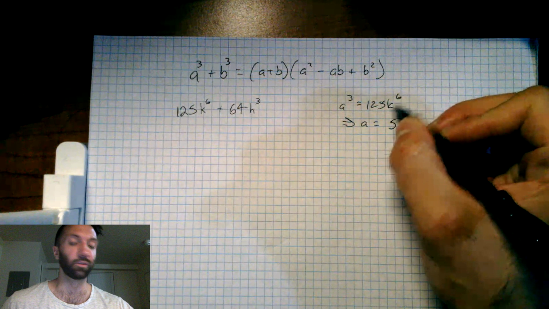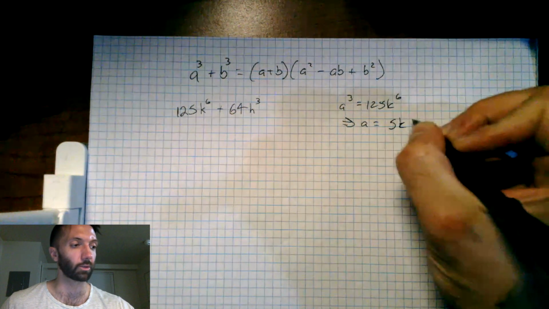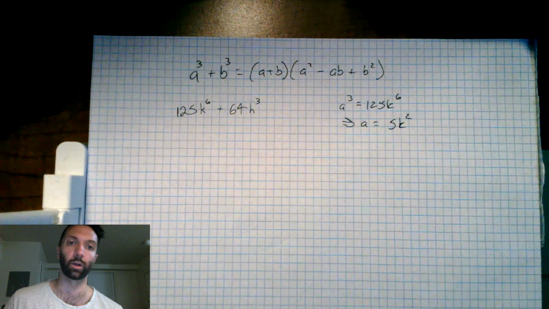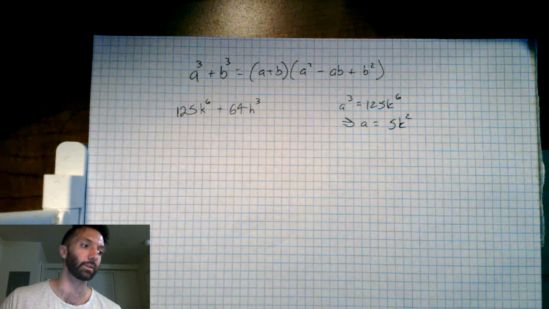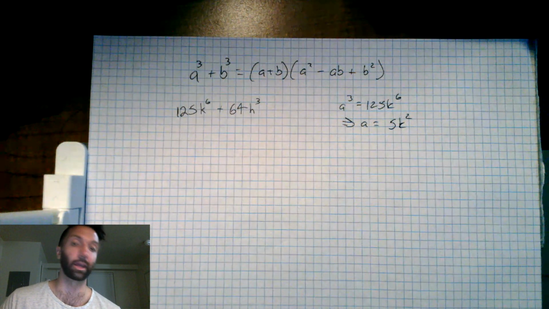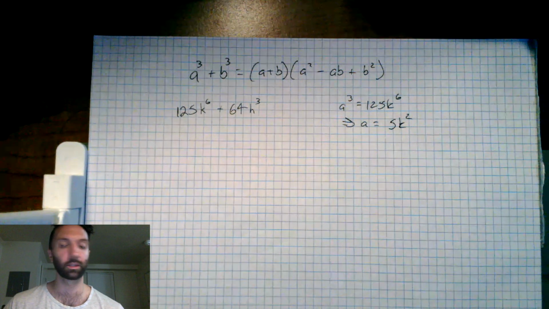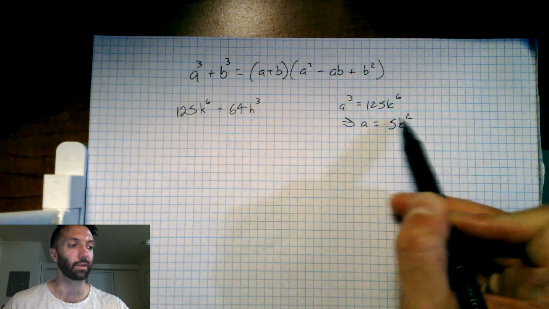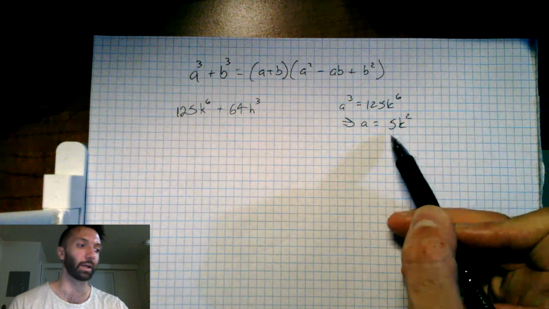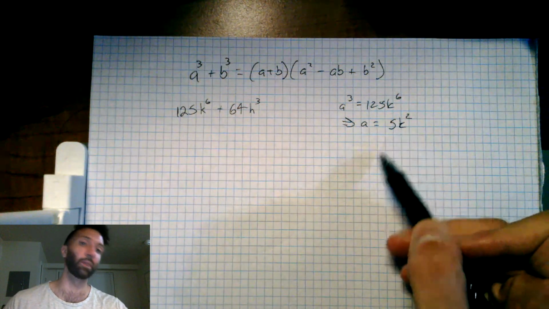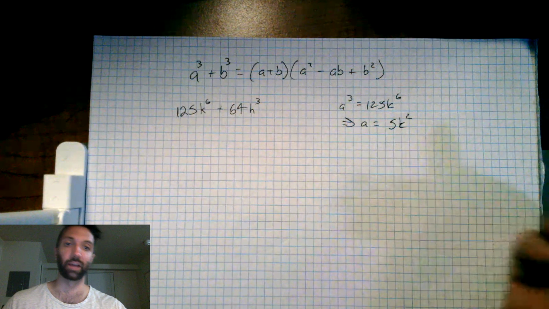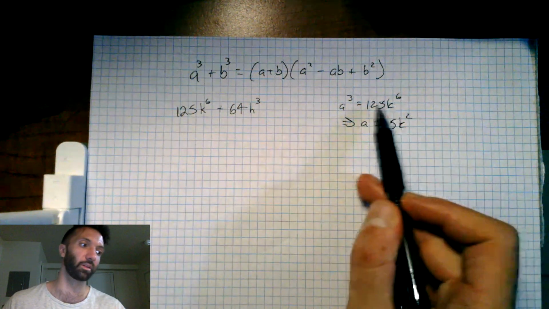And the cube root of k to the sixth is k squared, because k squared times itself is k to the fourth, and then k to the fourth times another k squared is k to the sixth. So if you take this 5k squared and multiply it by itself, and then multiply that by another 5k squared, you end up with this here.